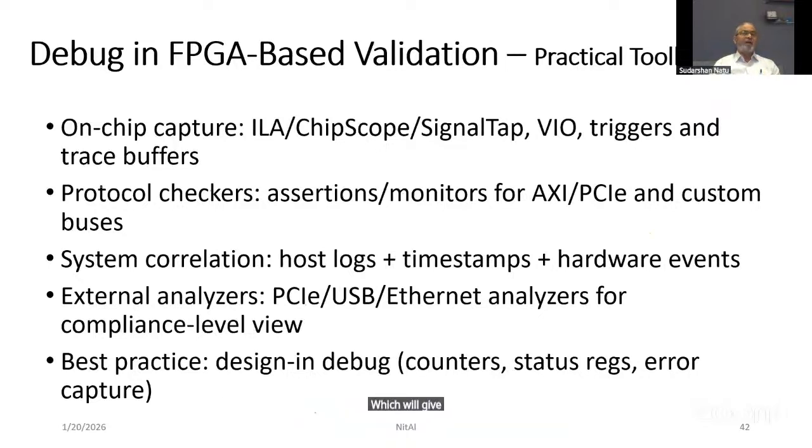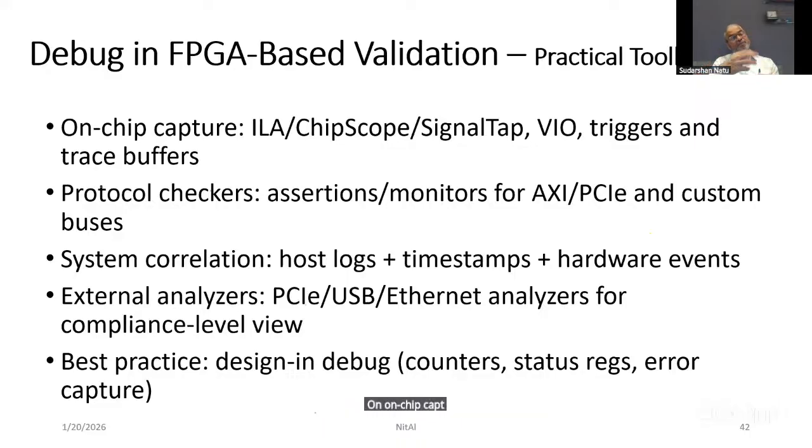Like when you do software debugging, what do you do? You put in some kind of printf message, right? Now it is not possible to do a printf message in an FPGA building block. So what will you do? You will have to create some dummy block internally which will capture the signal and provide it to the outside world.